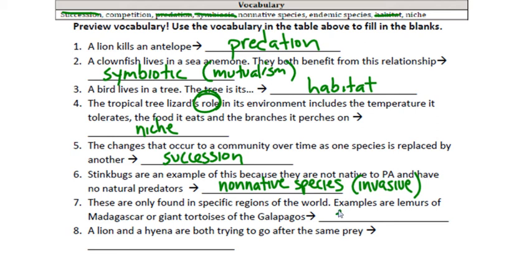These are called endemic species. So very specific to certain places. Koalas, duck-billed platypus, are only found in certain areas of the planet. A lion and a hyena are both trying to go after the same prey. And finally, our last word is competition.